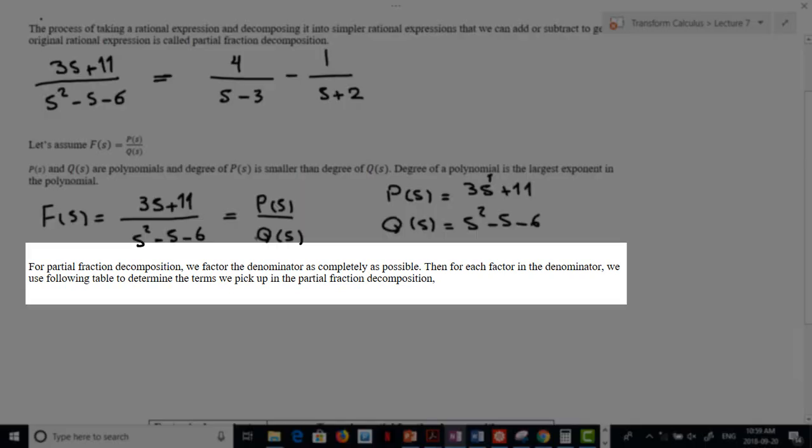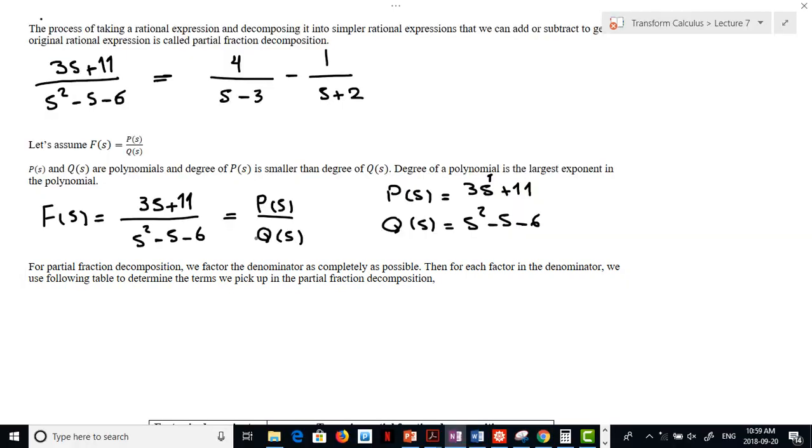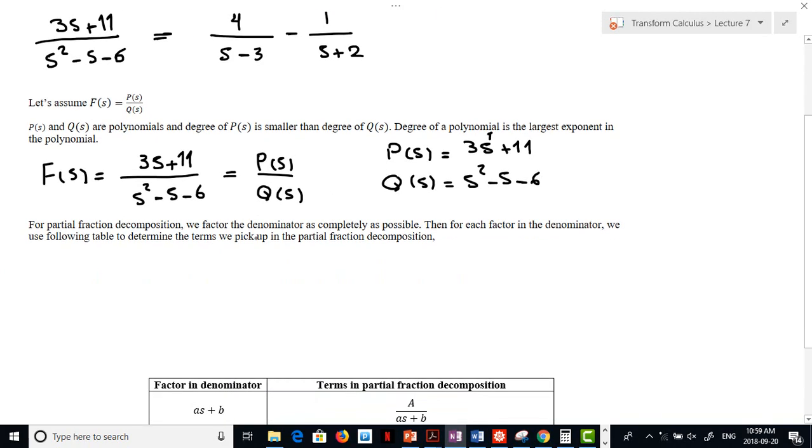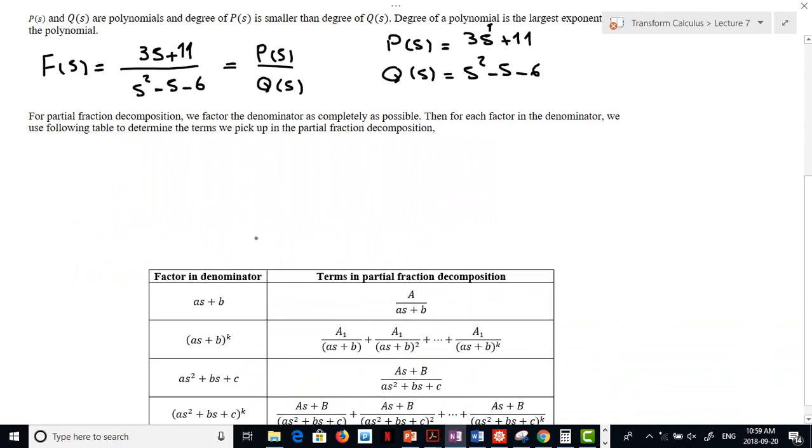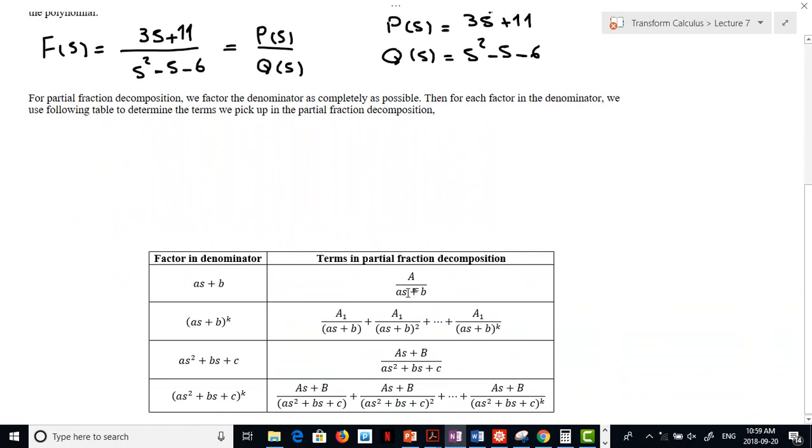For partial fraction decomposition, we factor the denominator as completely as possible. Then for each factor in the denominator, we use the following table to determine the terms we pick up in the partial fraction decomposition. We have to use this table. So at first we have to factor the denominator.